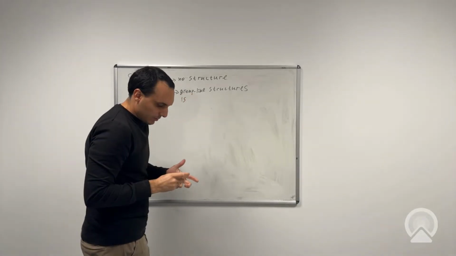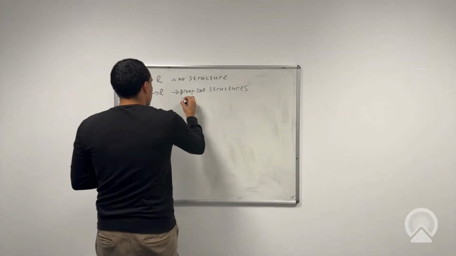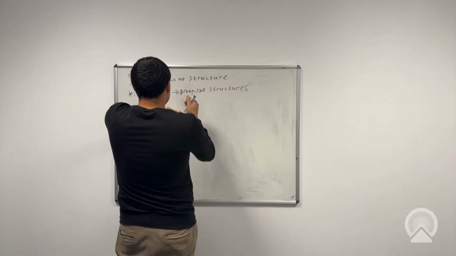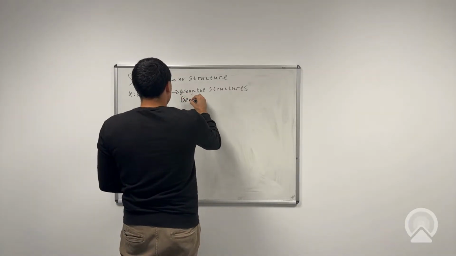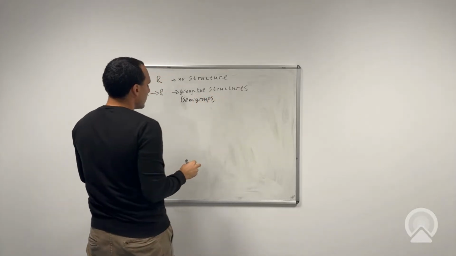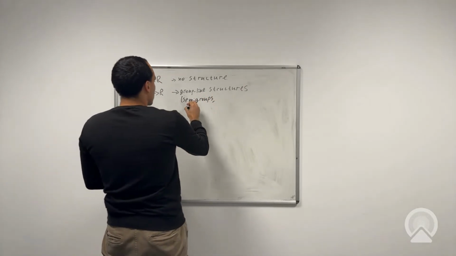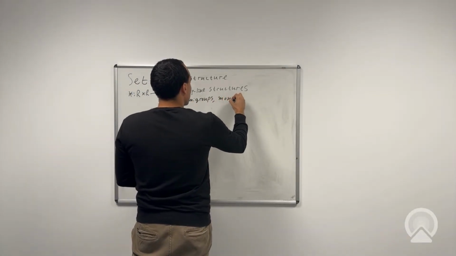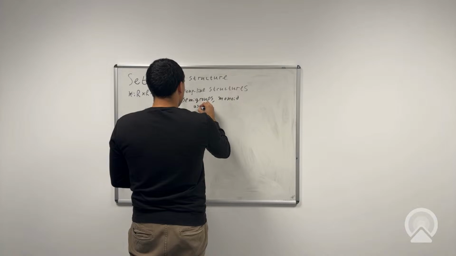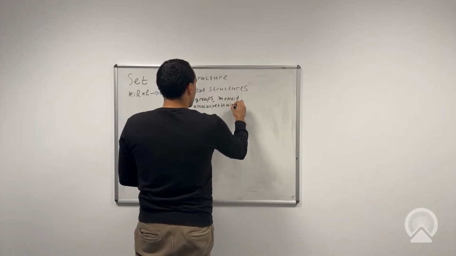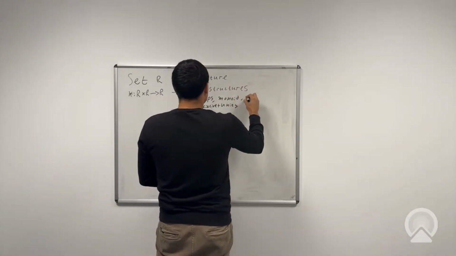So we have semigroups, and this is associative. If we add unity, so associative plus unity is a monoid, and then groups.